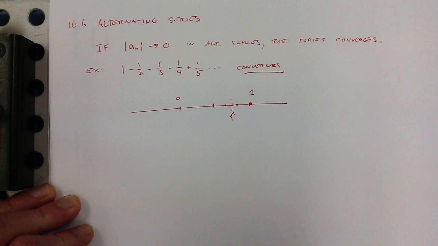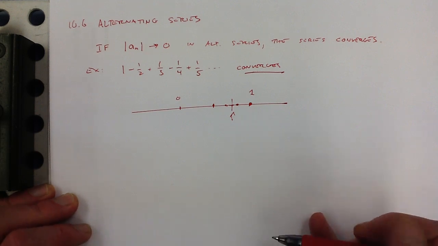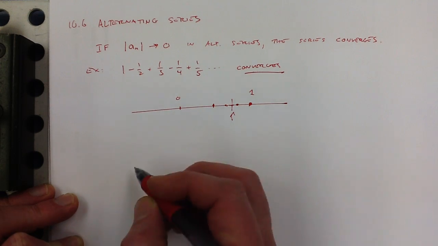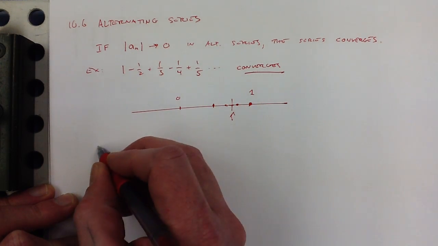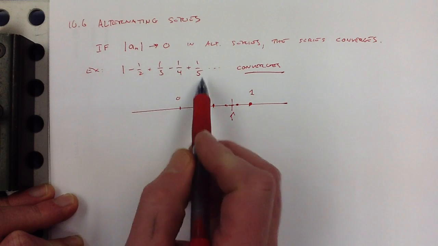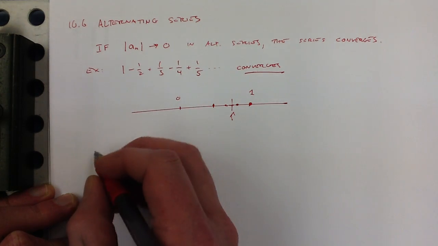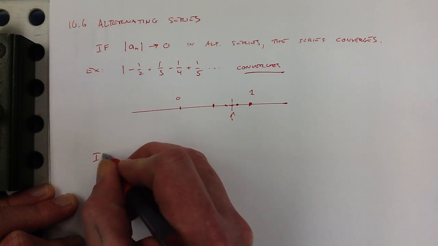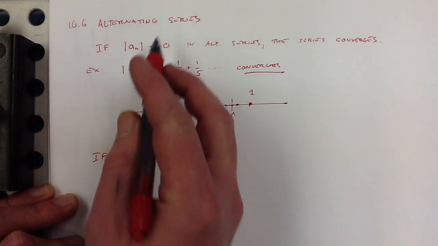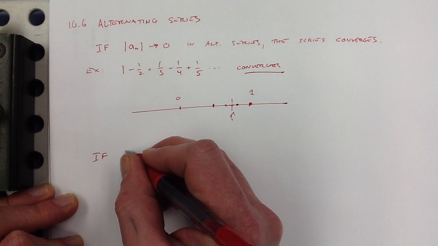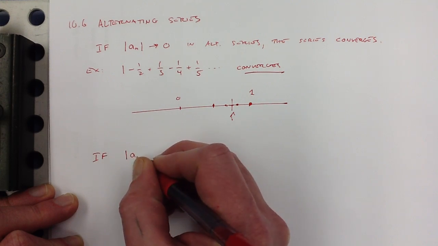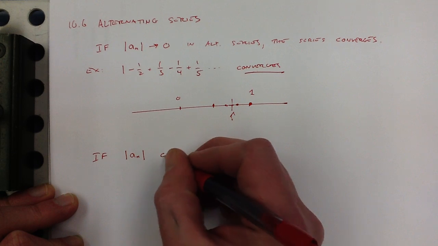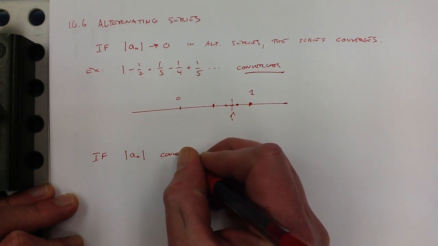Now, a little bit of vocabulary. It's not going to be a huge deal for us, but I am going to include it in your notes here. There is vocabulary to describe the different types of convergence. This is all for alternating series.